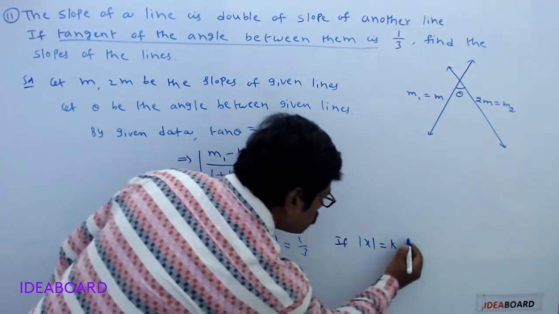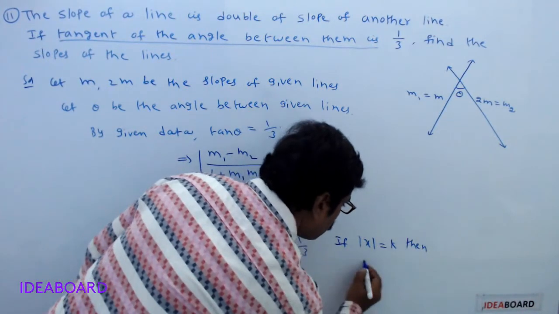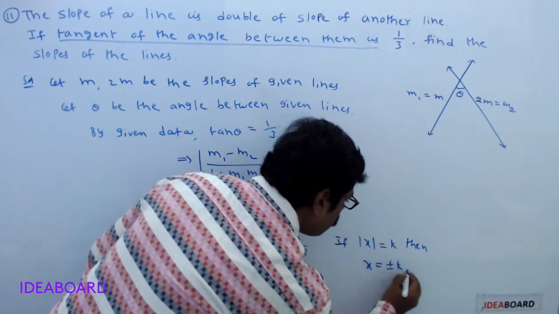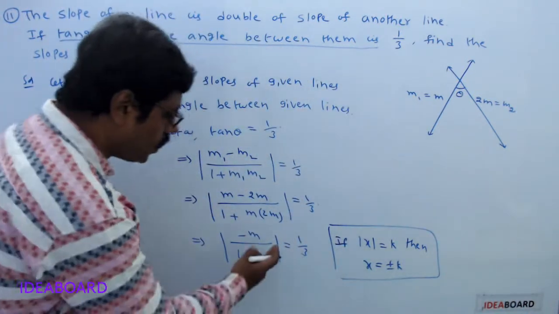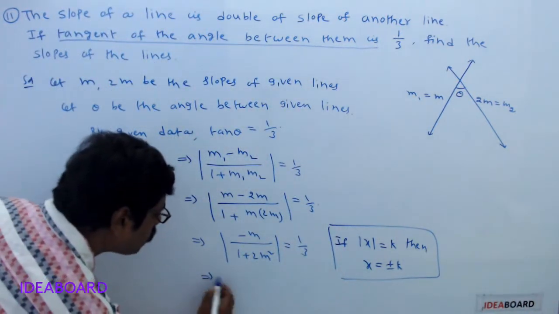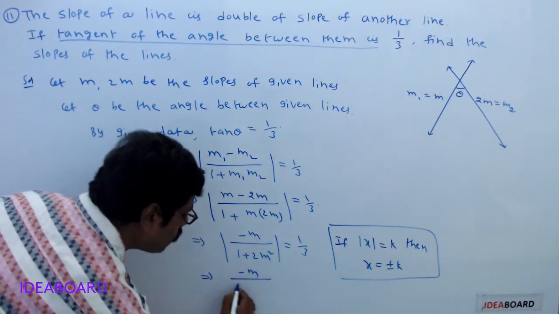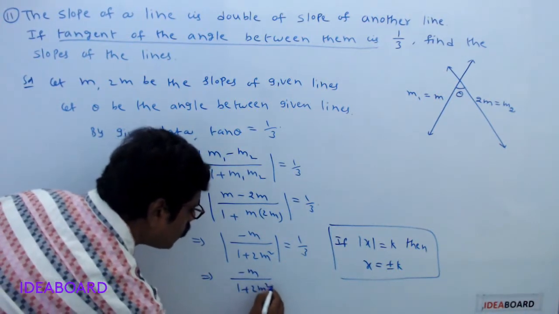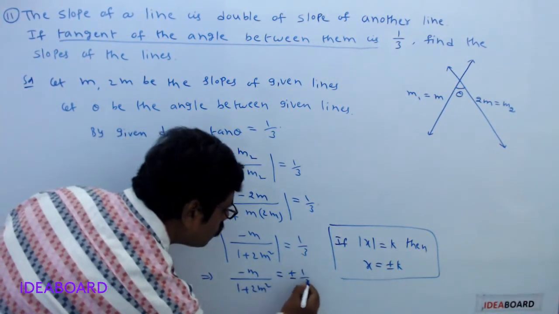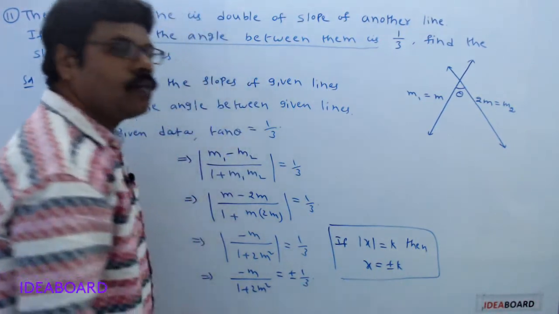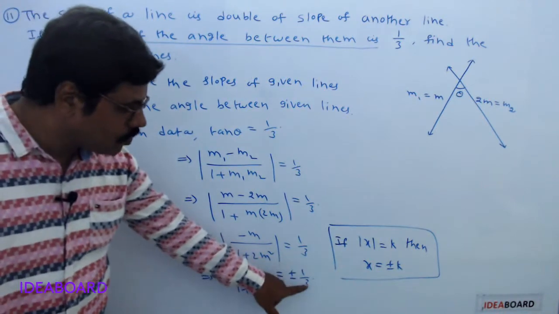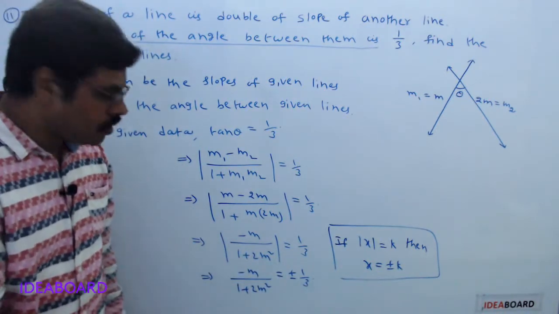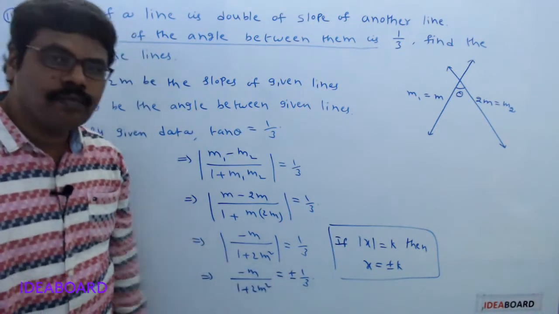If mod x equals k, then x equals plus or minus k. Now use this formula on this equation. So from this, minus m divided by 1 plus 2m square equals plus or minus 1 divided by 3. So one time you can take plus 1 by 3, next time you can take minus 1 divided by 3.